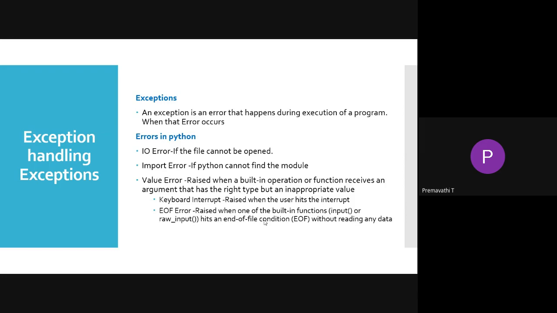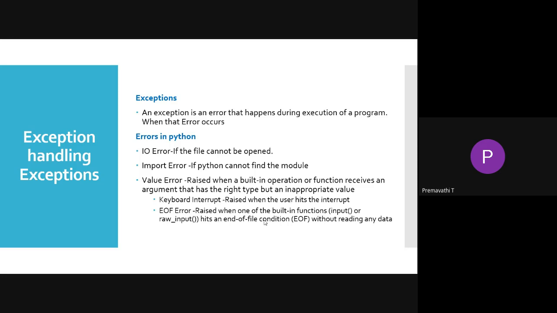If the file cannot be opened, then it is called IOError. Then ImportError: if Python cannot find any module, that is called ImportError. The next one, ValueError: a built-in operation or function receives an argument of the right type, but with some inappropriate value.